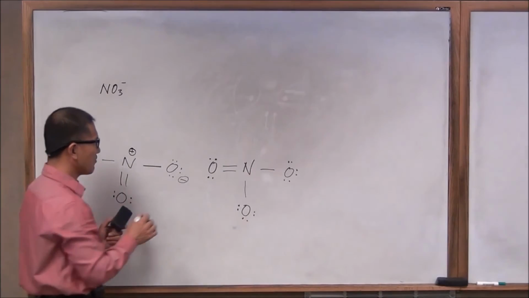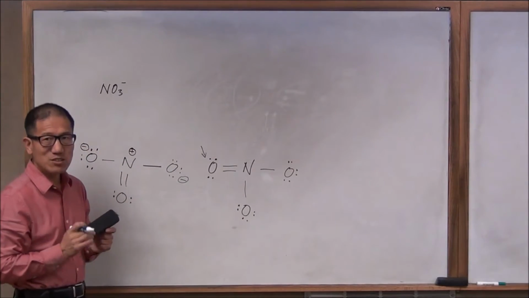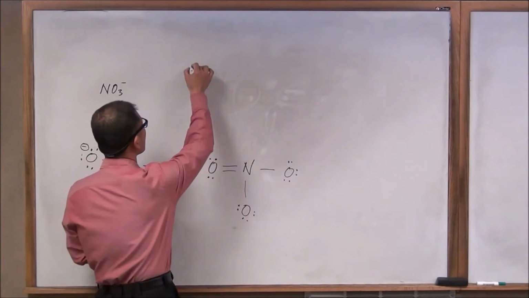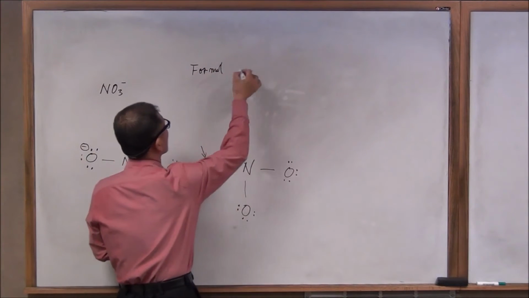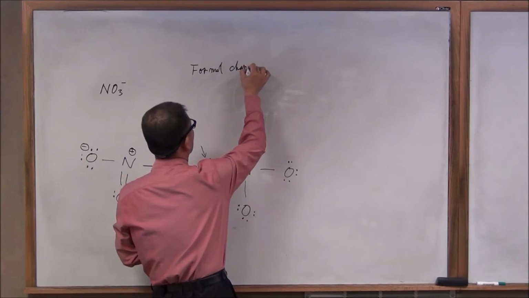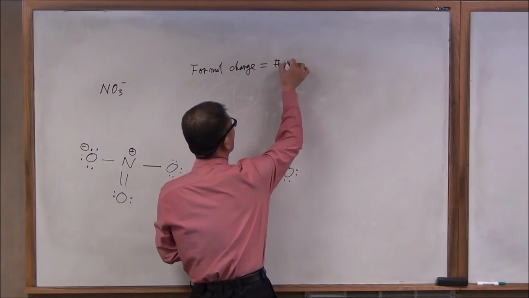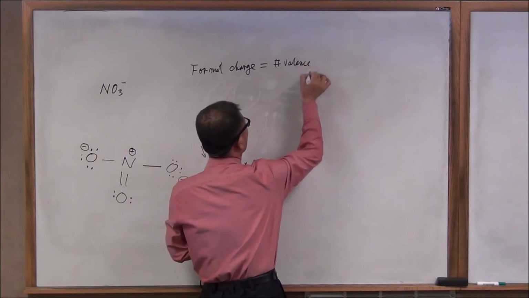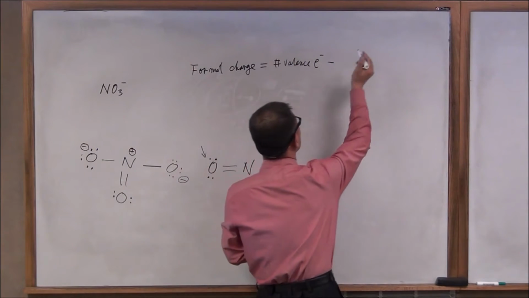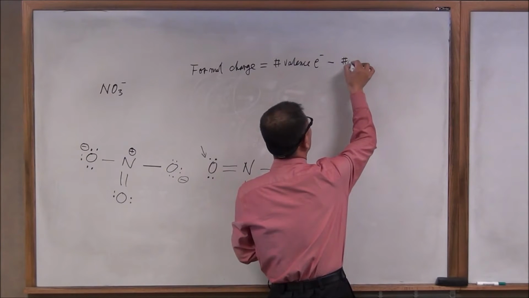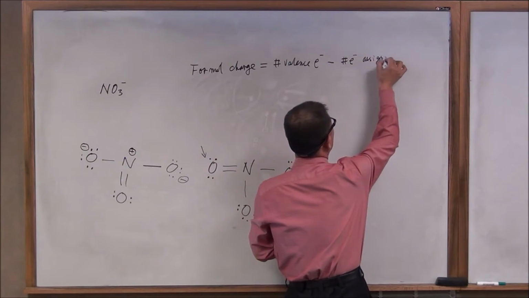So let's start from this atom. The equation to calculate the formal charge is: formal charge equals the number of valence electrons minus the number of electrons assigned.